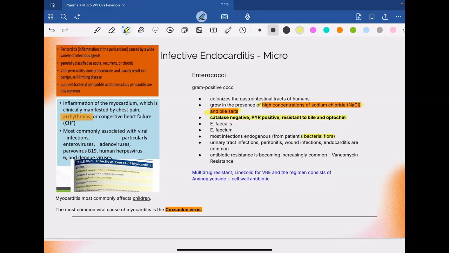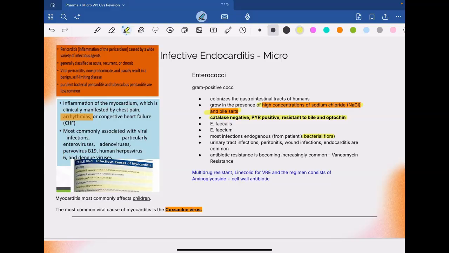Most probable cause is enterococci, but they're also going to give you more details on the bacteria itself, like is it catalase positive or is it catalase negative? Does it grow on bile salts or not? Is it resistant to optochin or is it not? And all of that makes you able to understand the bacteria more and know what is the probable microorganism.